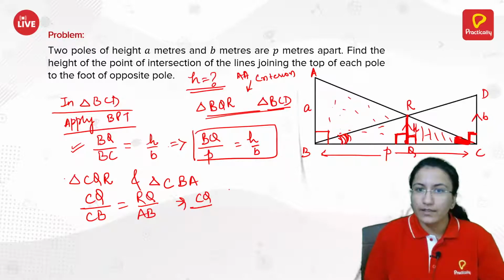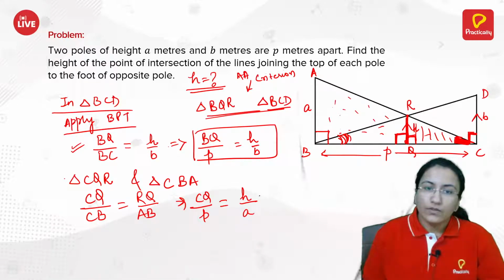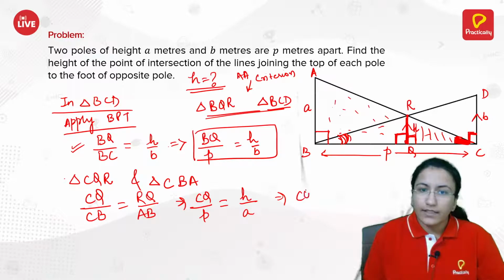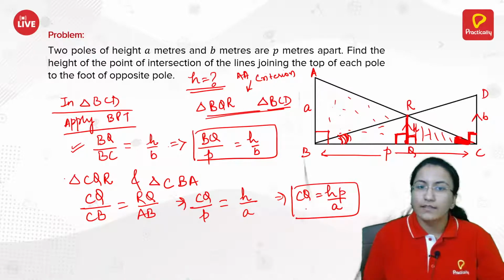CB complete here is P. This is equal to RQ over here, which is H, divided by AB length, which is A, right? So from this you can write CQ is equal to H into P by A. This is the first result, and from this you can write BQ is equal to H into P by B. You have these two results.